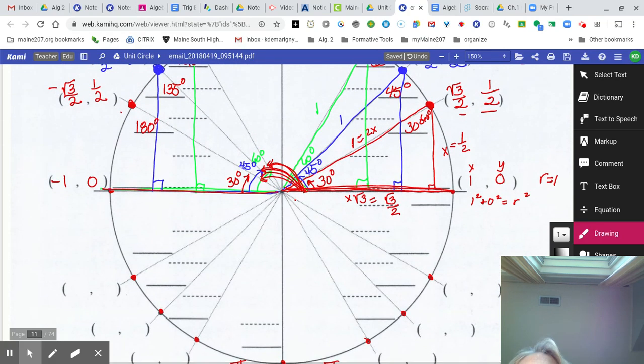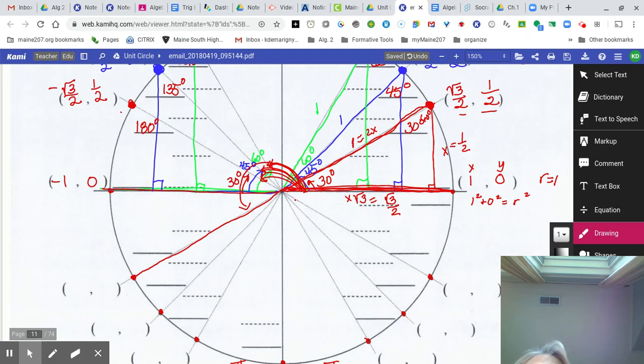Now, if I continue into the third quadrant, then what I'm going to do is start at the initial side and spin all the way around to here. If you'll pay attention to what we're looking at, let me give you a red. This angle is following the other red angle over here.